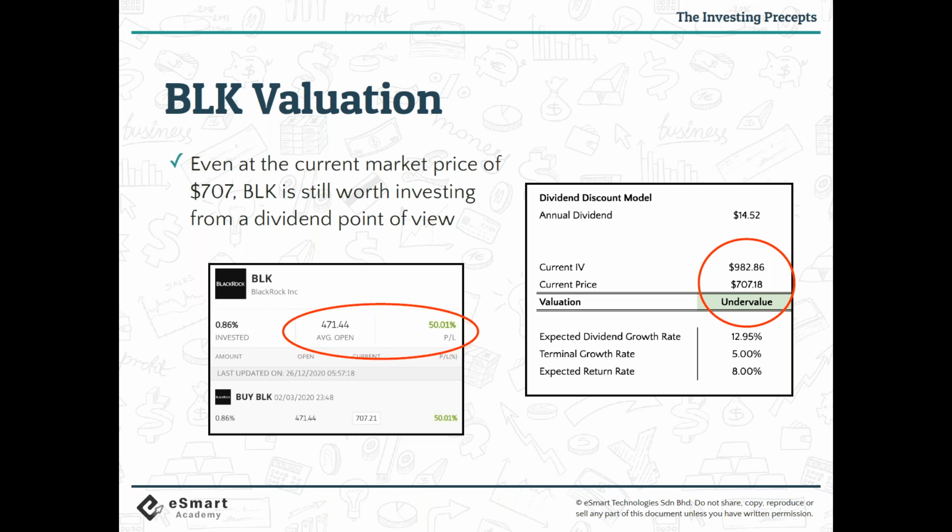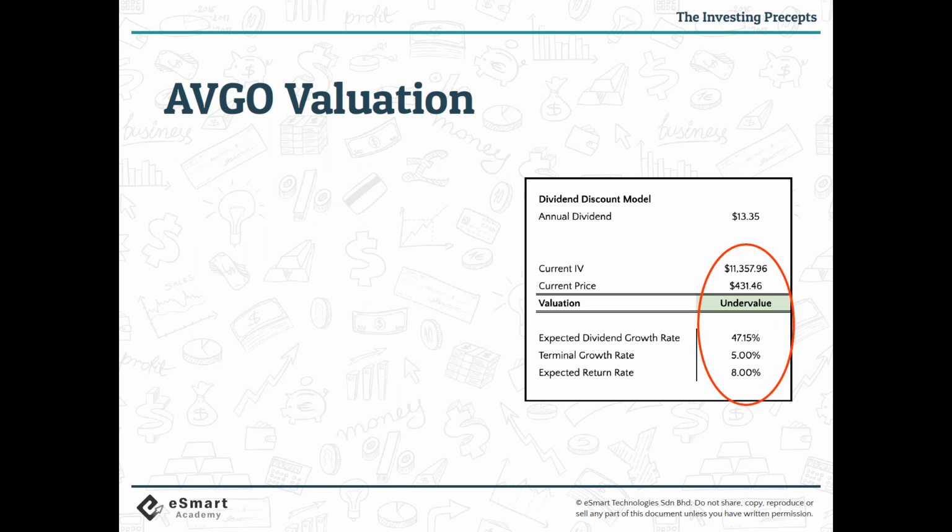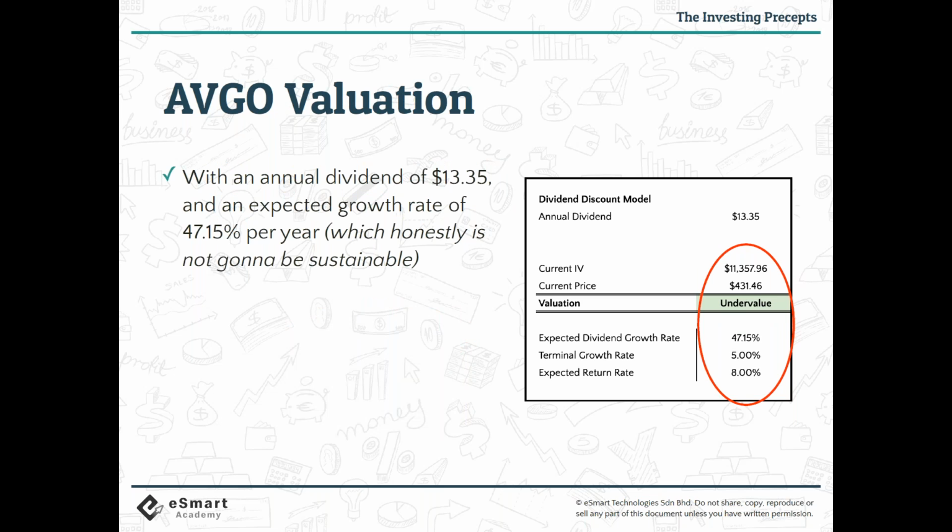I actually got in way earlier, at about 471. I'm using this because these are actual principles I personally use in my own dividend investing journey. Another one to consider is the ticker symbol AVGO, Broadcom.